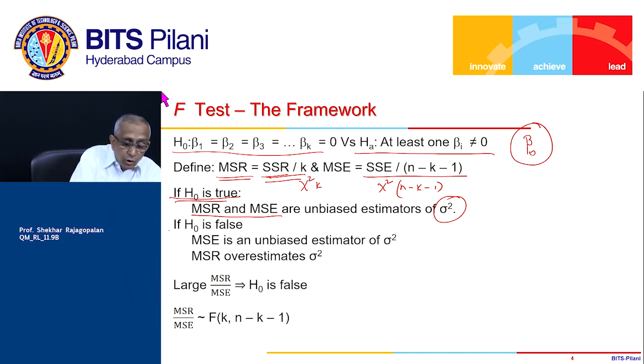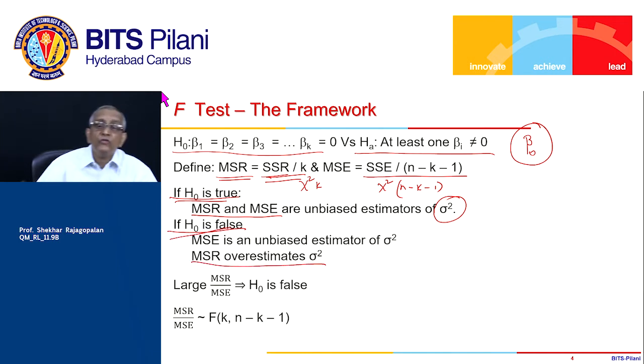But if H0 is false, MSR will overestimate sigma squared. But of course, MSE is always an unbiased estimator of sigma squared. Now that gives us a hint of what we need to do. Large values of the ratio MSR by MSE imply that H0 is false.